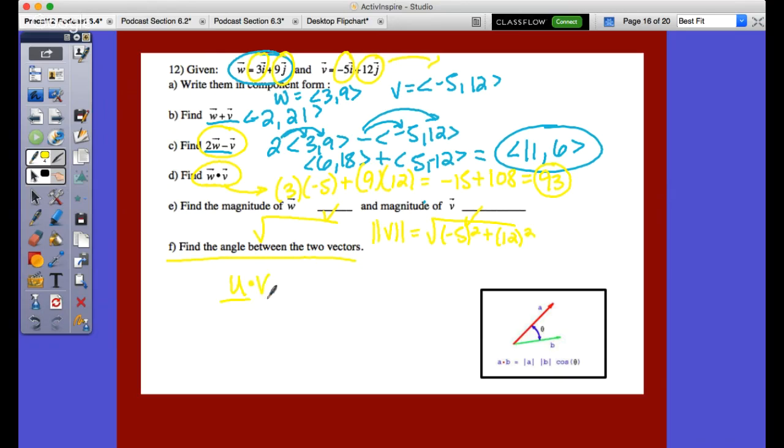But remember, that's the dot product of UV divided by the magnitude of U times the magnitude of V equals cosine of theta. And then I just plug in what I knew from up top here, okay? So like 93 would go in for the top. Once I found the magnitude of U and the magnitude of V, plug it in. And then remember, take the cosine inverse on both sides, okay? Show that work.